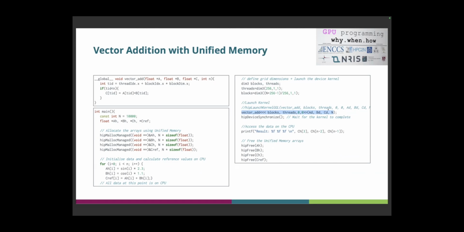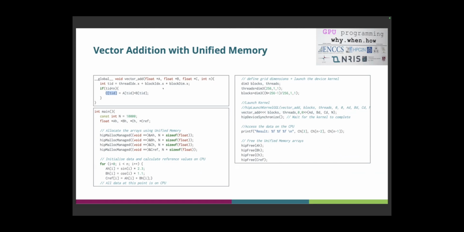So when is the array transferred in unified memory? When the code hits this line here and needs to use it, and this launches the kernel, it will see, oh, I want to access this data, A and B and C, but this data is not on the GPU.